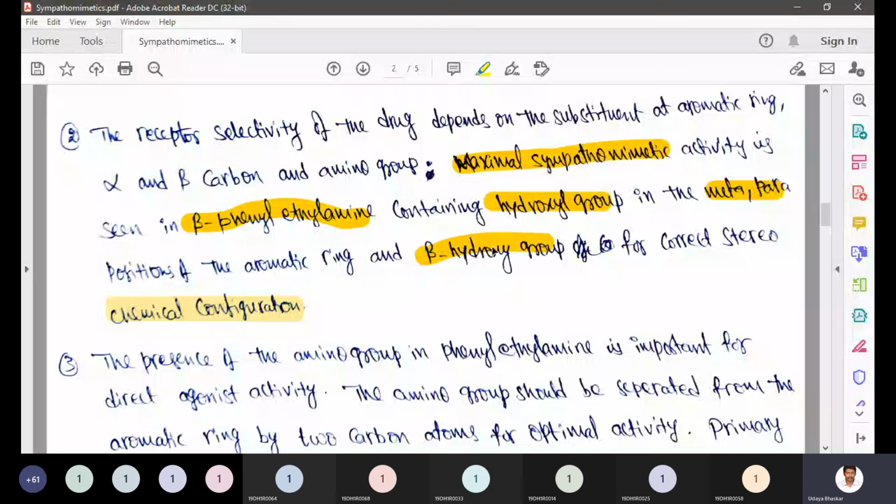So the first point tells how many types of drugs there are: one is drugs having catechol as their parent structure, and the other category is drugs having non-catechols. The second point describes where the substitutions are for good receptor selectivity.